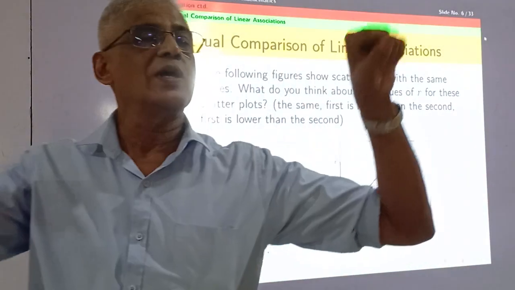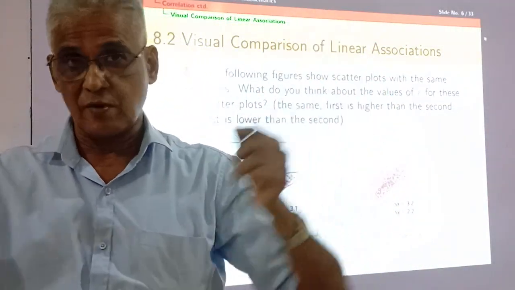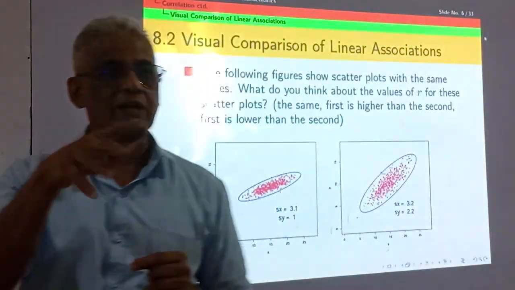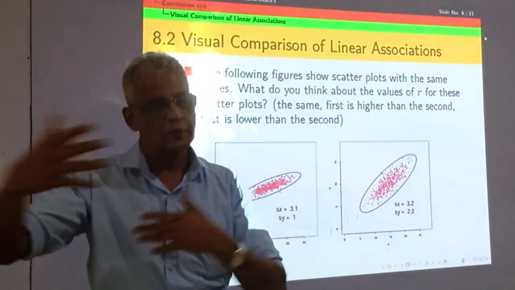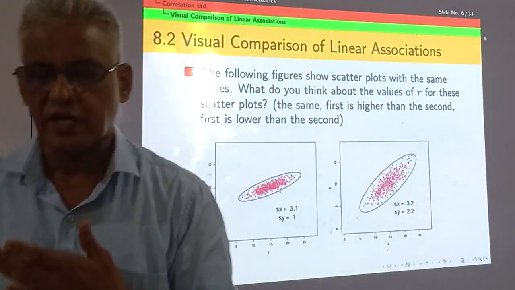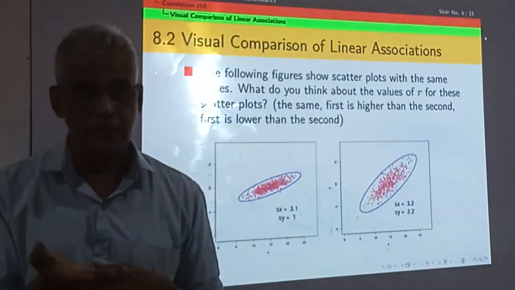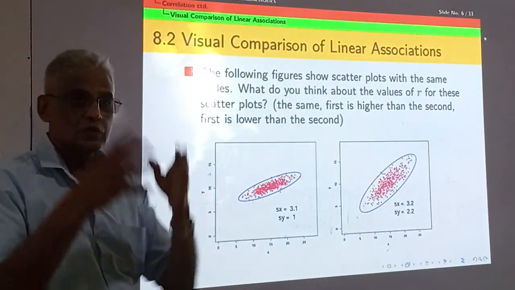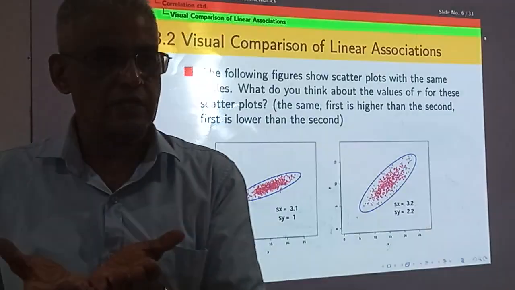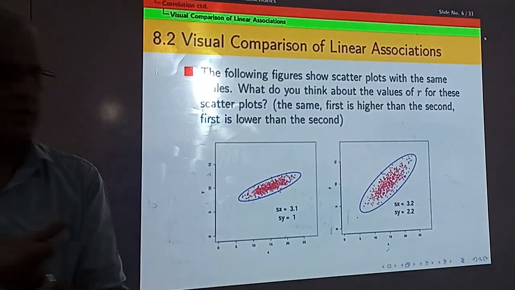So when you calculate the standard units, remember R is equal to the average of the products. When you calculate the standard units, you divide by Sx and Sy, right? So standard units depend on Sx and Sy.